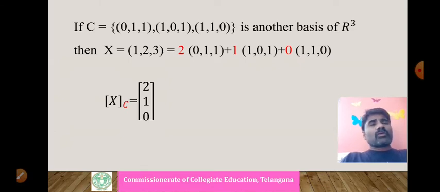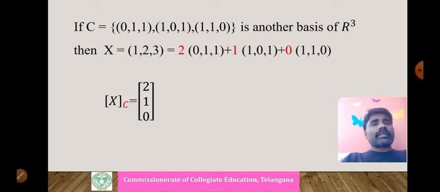Now the same vector x, (1, 2, 3), can be written as a linear combination of elements of C, that is 2 into (0 1 1) plus 1 into (1 0 1) plus 0 into (1 1 1). These are the coordinates.